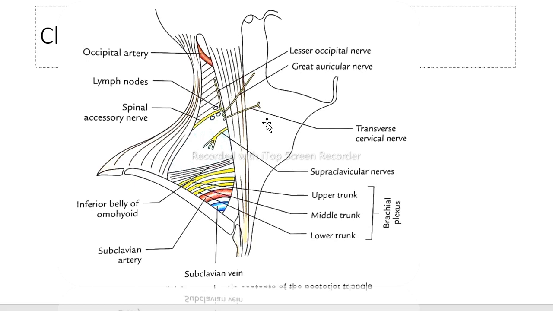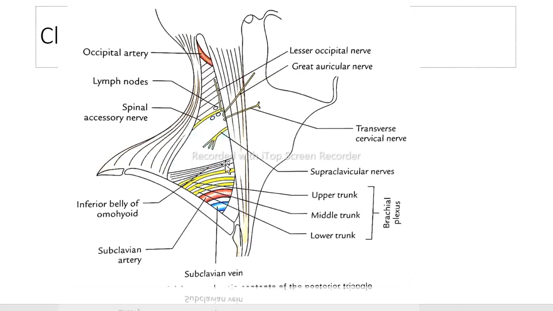So the content in the upper part of the posterior triangle: the nerves are the four cutaneous nerves, the spinal accessory nerve, lymph node, then the occipital artery.